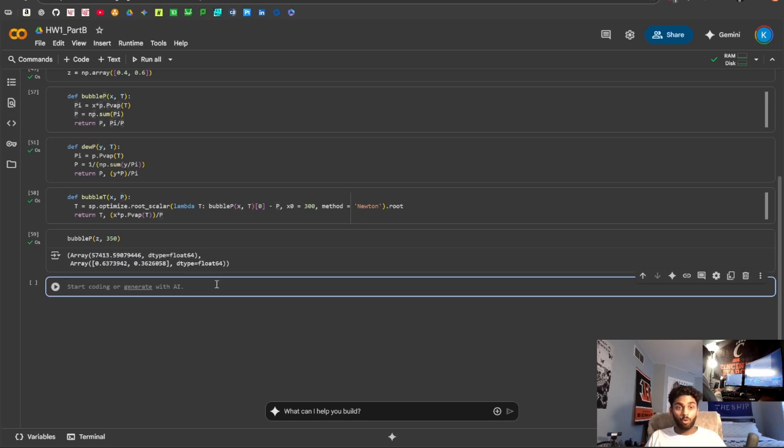And now if we throw it back into our bubble temperature, which is technically an inverse of the bubble pressure function, throwing this pressure value back into the bubble temperature function should give us 350 Kelvin. This is how we can check to make sure that our bubble temperature function was coded correctly.